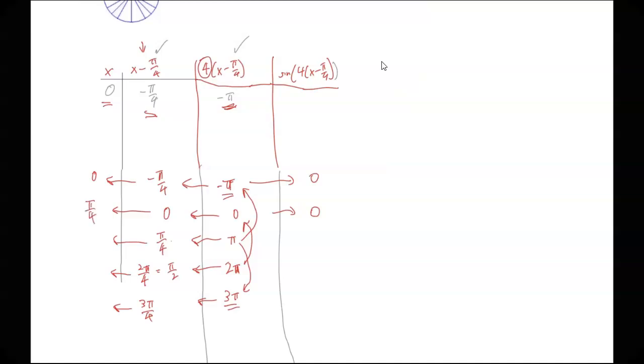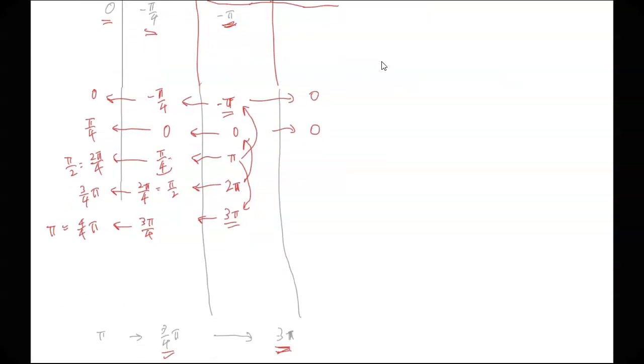If we add pi over 4 to pi over 4, we get 2 pi over 4, also known as pi over 2. Then if we add pi over 4 to 2/4 pi, we get 3/4 pi. And finally, if we add pi over 4 to 3/4 pi, we get 4/4 pi, also known as pi. And of course, that matches the boundary because we knew we were at the boundary.